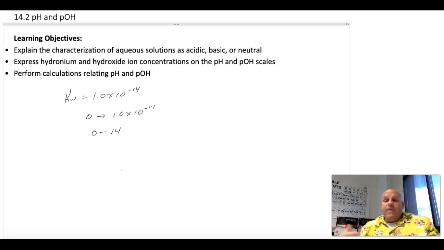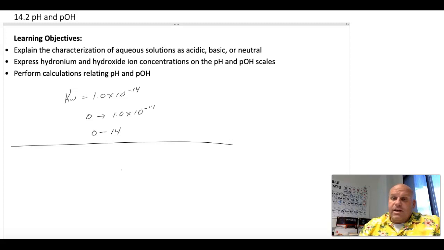That becomes a little easier to manage and to tell the difference in size and relationship, and it also provides us a scale known as the pH scale.